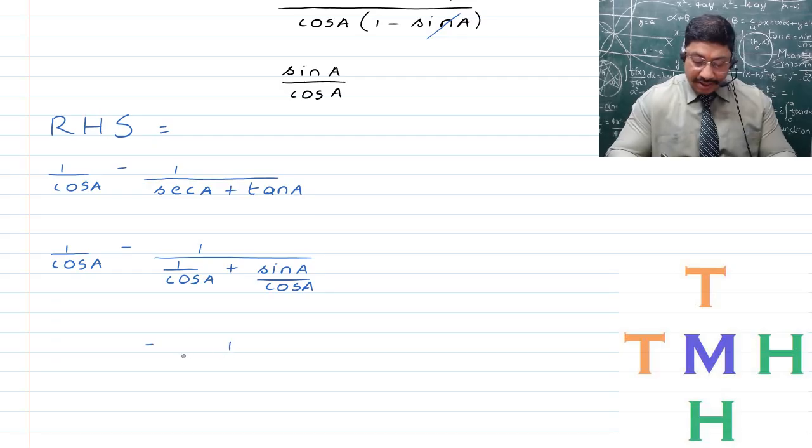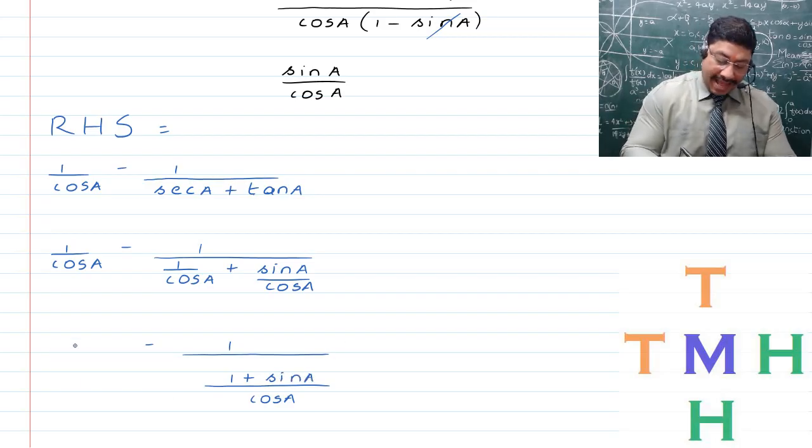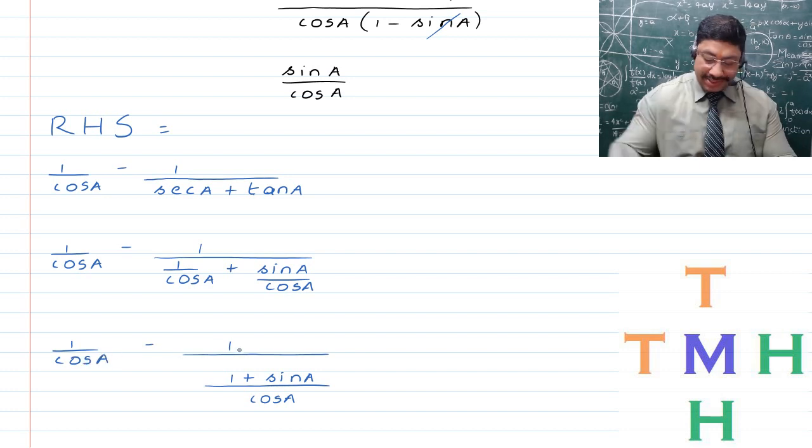So this will become minus 1 upon, and on the denominator we have cos A, which will become the common denominator, and here we'll have 1 plus sine A, which will come over to the numerator, and this has been subtracted from 1 upon cos A that we will retain.